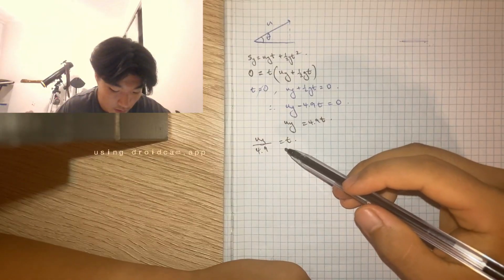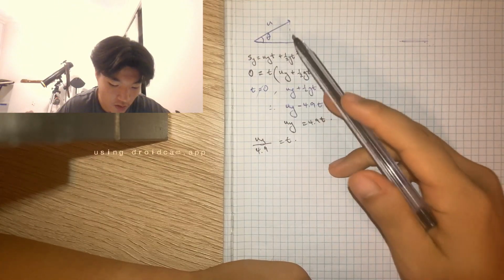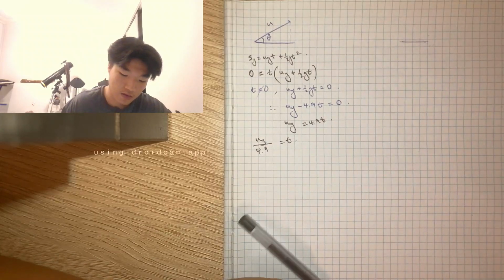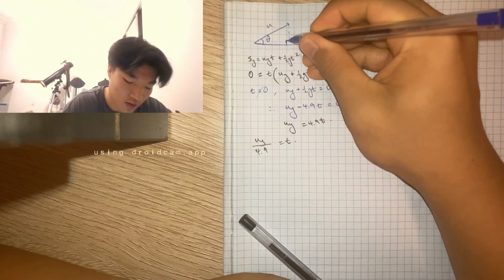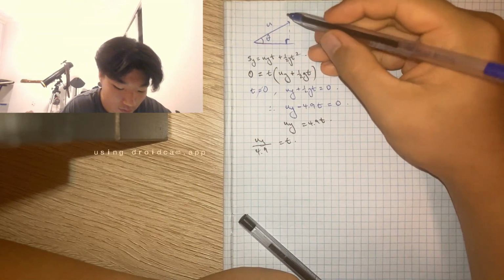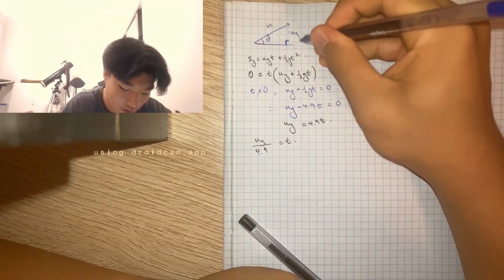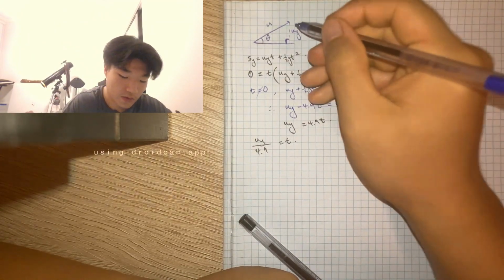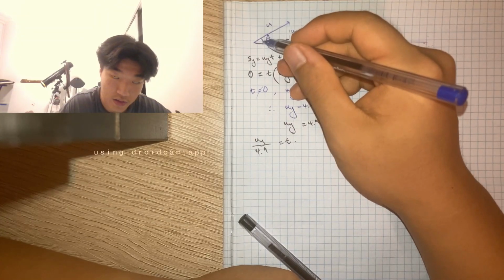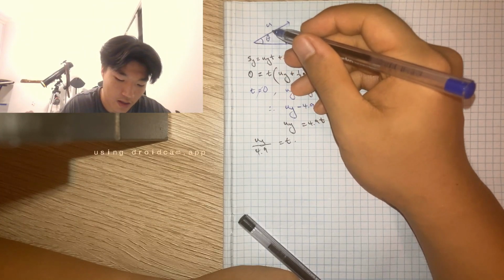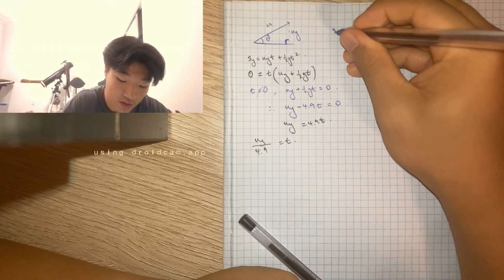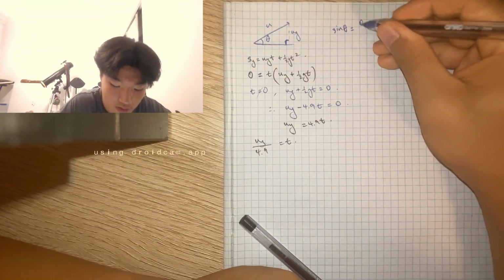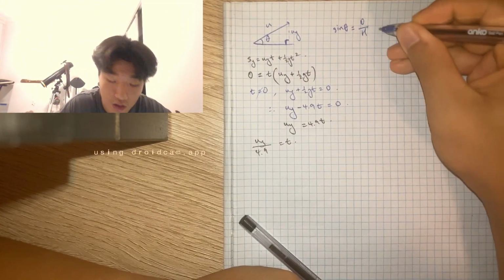Now, the thing is, uy is not in terms of u and theta, but we can make it in terms of u and theta, right? If we make a right angle triangle here, this represents the initial vertical velocity. It's the opposite side to the angle theta, and u is the hypotenuse, so we can use sine as the trig ratio, since sine is opposite over hypotenuse.